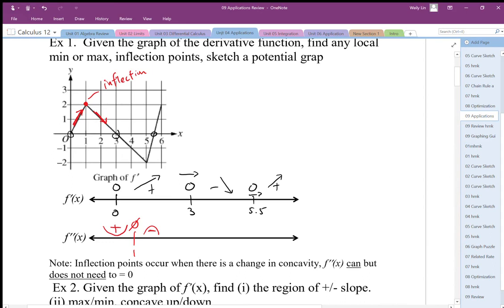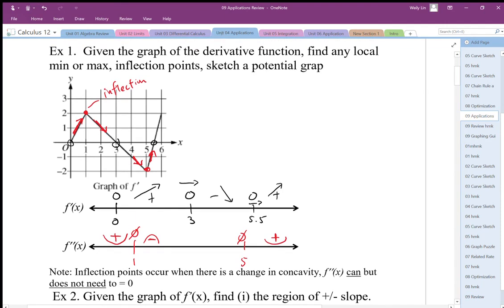So we're going from negative slope to positive slope at x equals 5, although it's not differentiable. There's no second derivative at that point. We know it's going from negative concavity, or negative slope on the derivative graph, to positive slope on the derivative graph. So those are 2 points of inflection then.